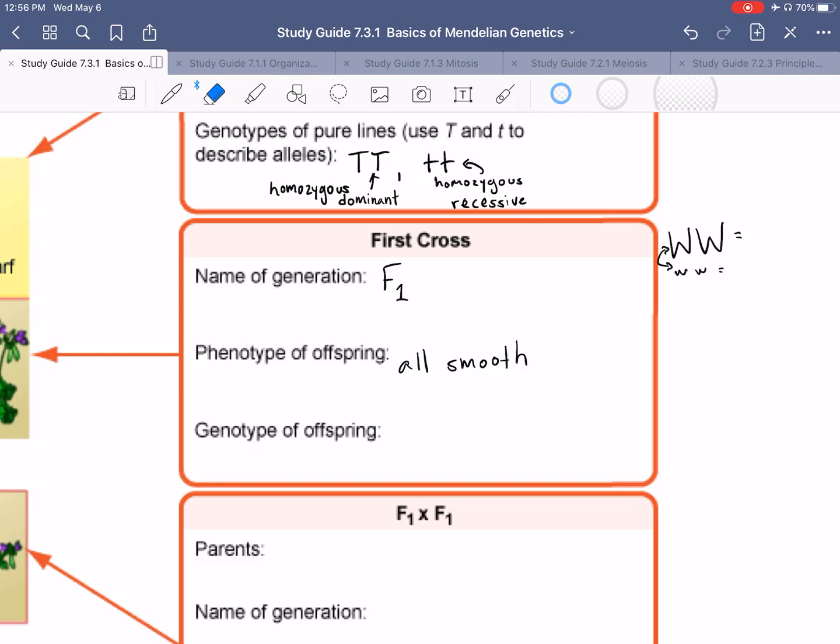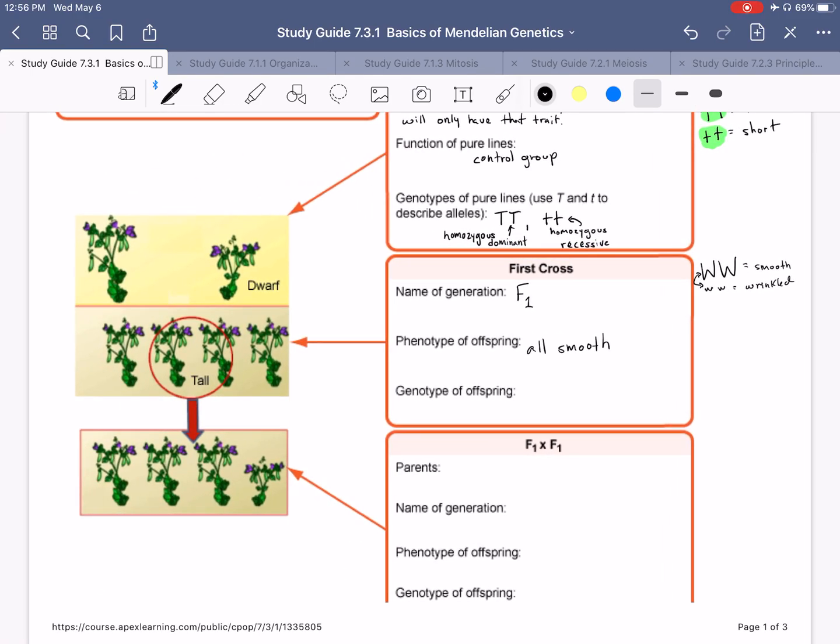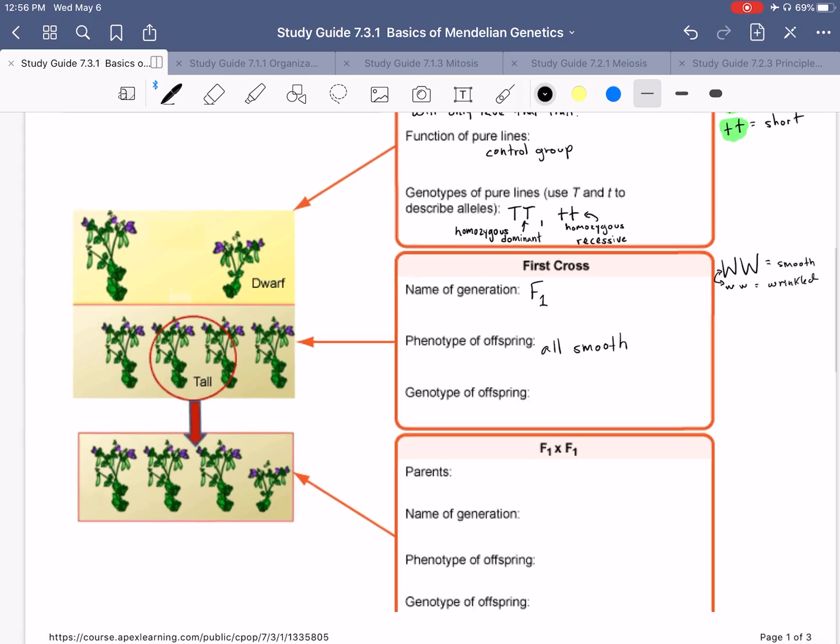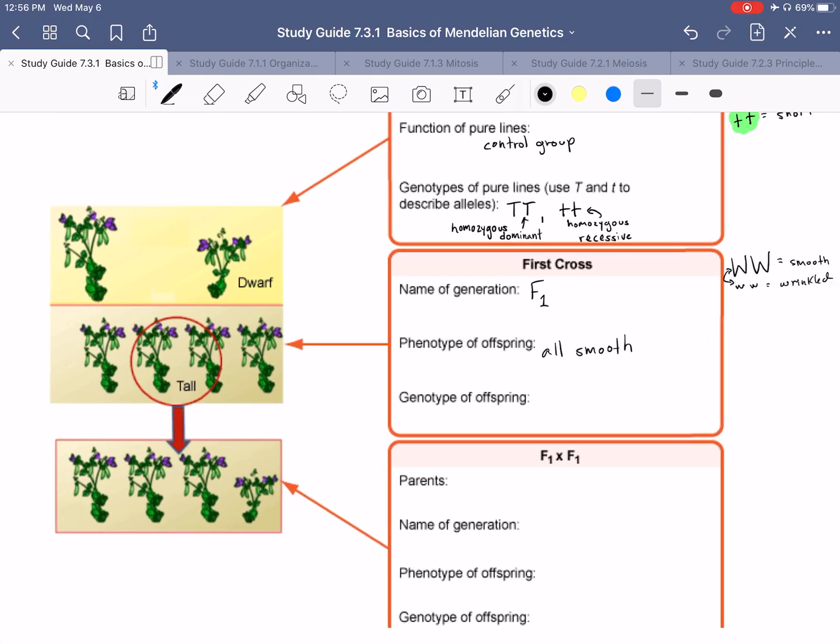Let's say that the big W is smooth and the little w is wrinkled. Oh, actually, I forgot about this. This is pointing over to these pictures, tall and short. So let's look at these actually.